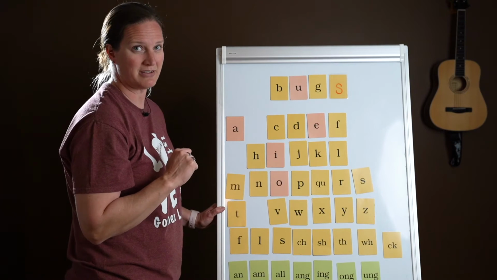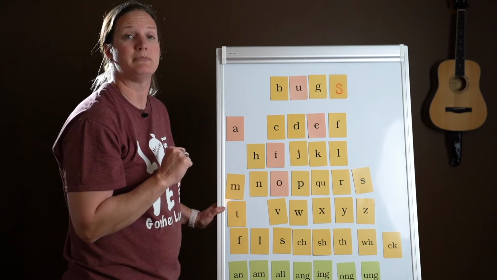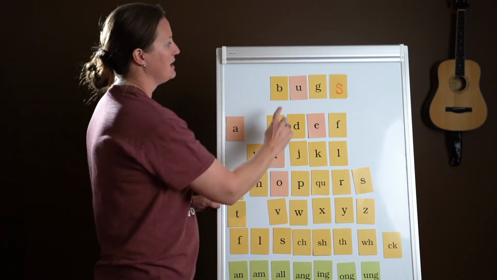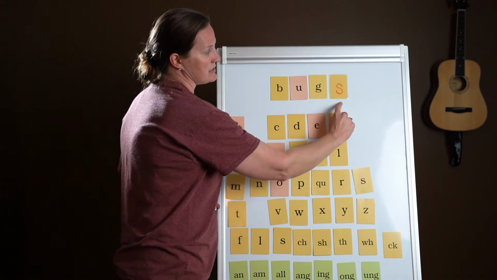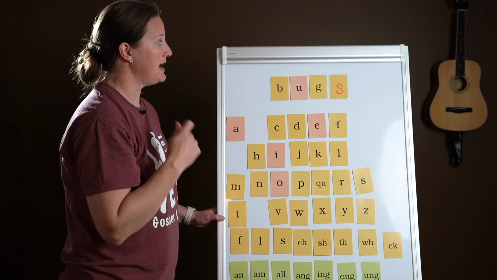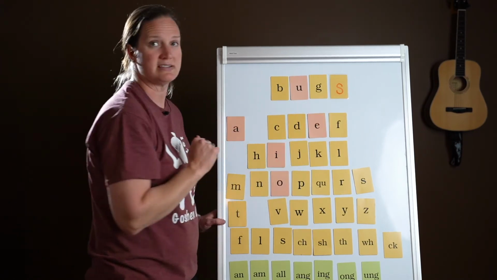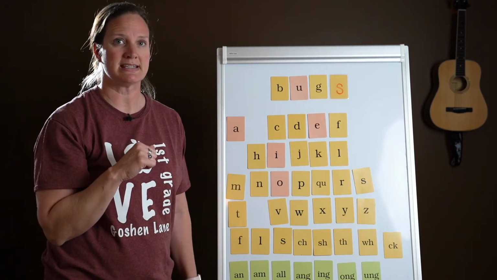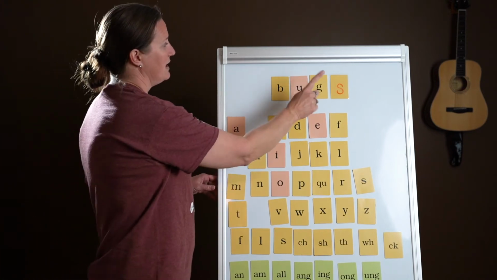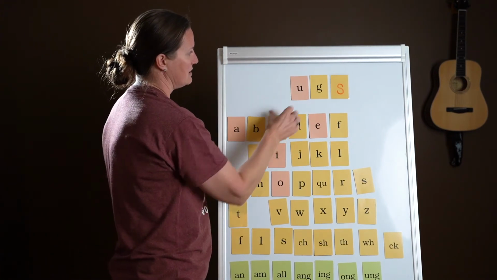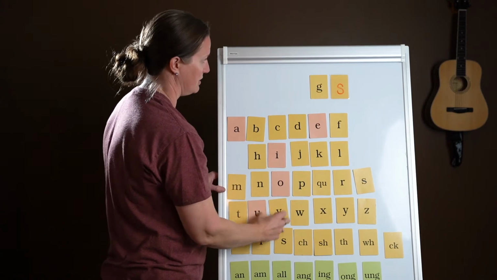Do you remember what that sound is? Yeah, it can make the Z sound, as in bugs. Okay, so S at the end of a word, when it's used as a suffix, can sometimes make the Z sound. Keeping that in mind, I want you to look at this word.